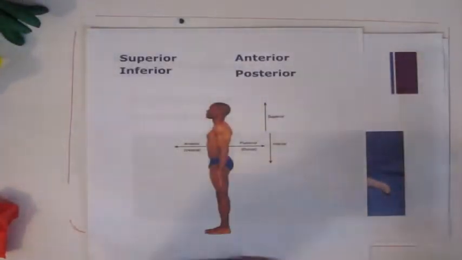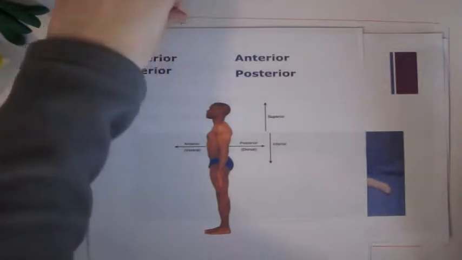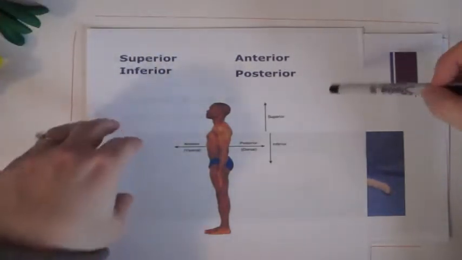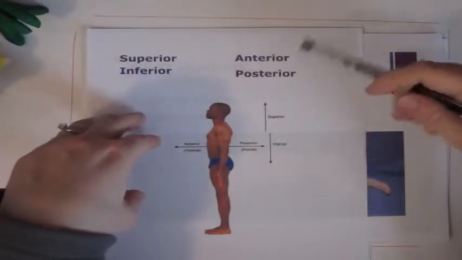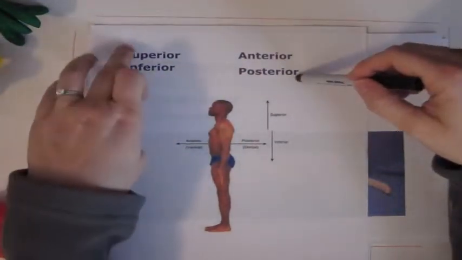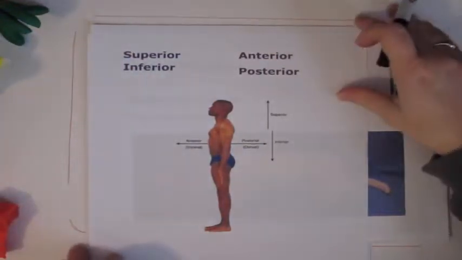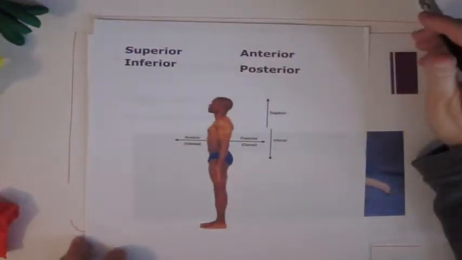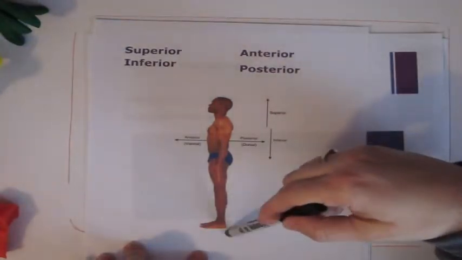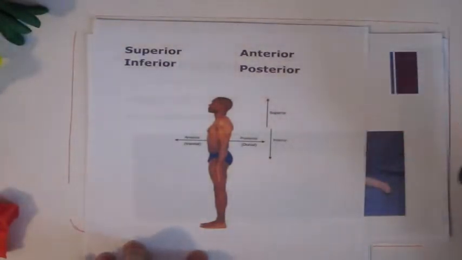There is some terminology in your book that we do not discuss or use with animals. These are more for humans. Anterior and posterior, and superior and inferior. In a human, or a biped as your book calls it, biped meaning 2 feet, think ped, pedestrian, right?